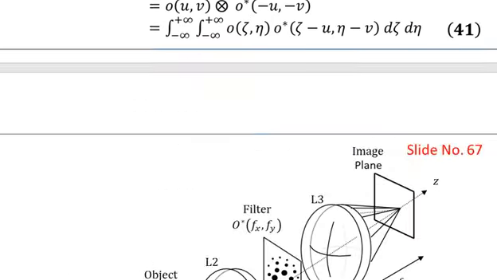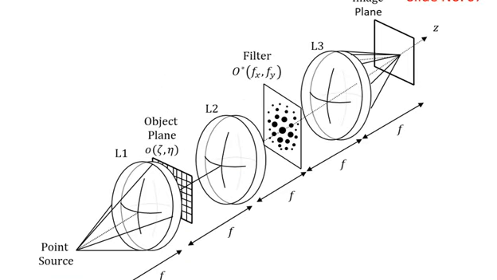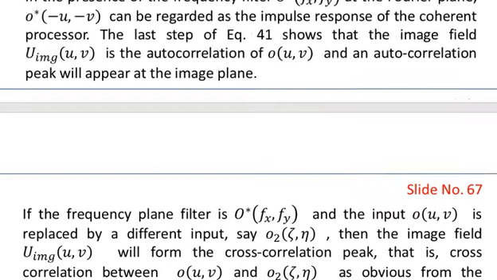That is in reference to equation 41. You have placed O, the spectrum of which matches with the filter at the frequency plane. Then the field passing beyond the frequency plane will be a plane wave, and L3 will focus that plane wave at a single point, giving you the autocorrelation peak.